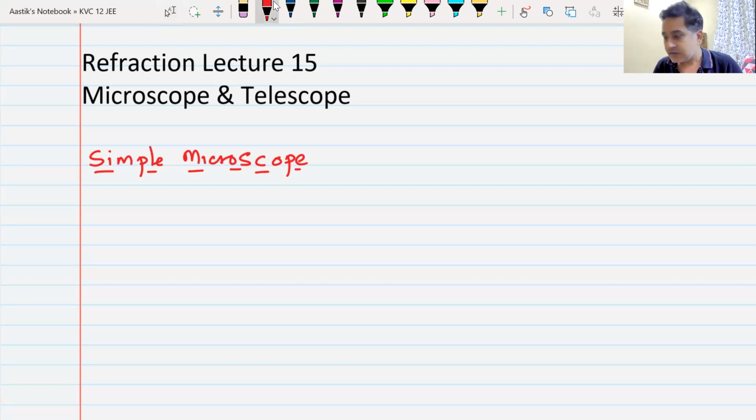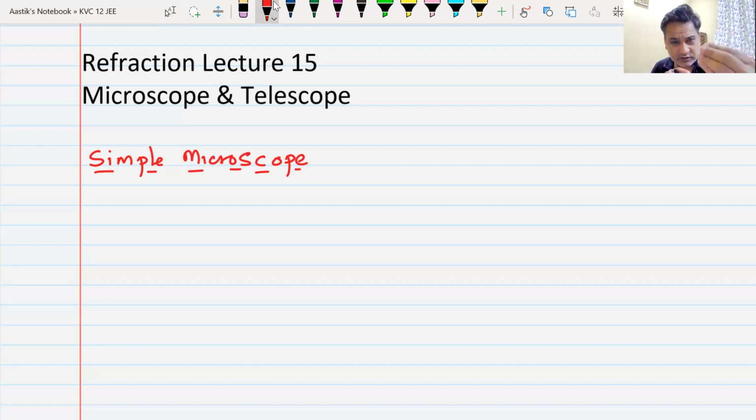Do we understand? A simple microscope is a simple convex lens, and when you have an object placed between focus and the pole or the optical center, we will have an enlarged and virtual image of the object. So basically, a simple convex lens can act as a microscope.